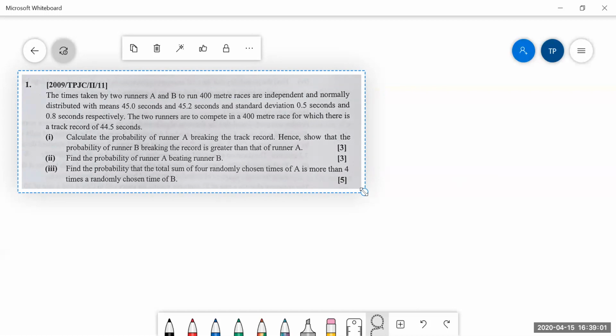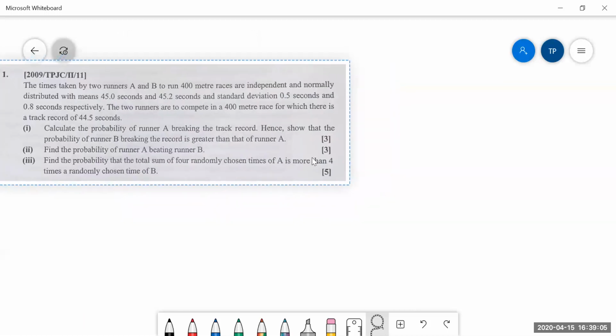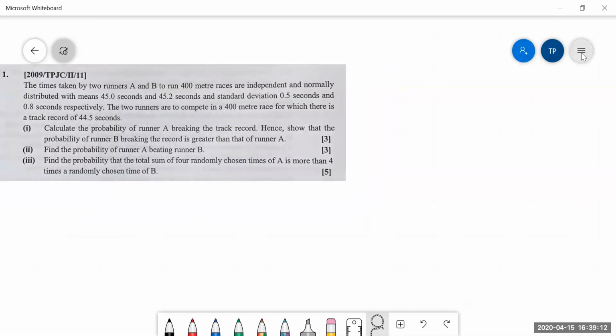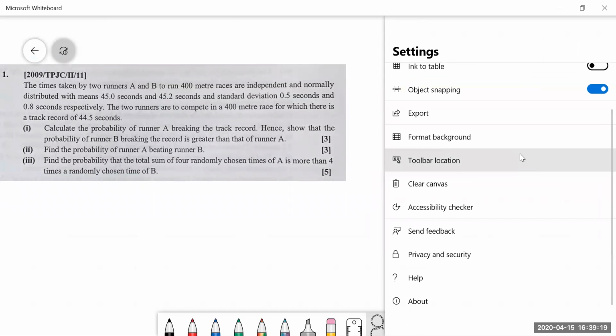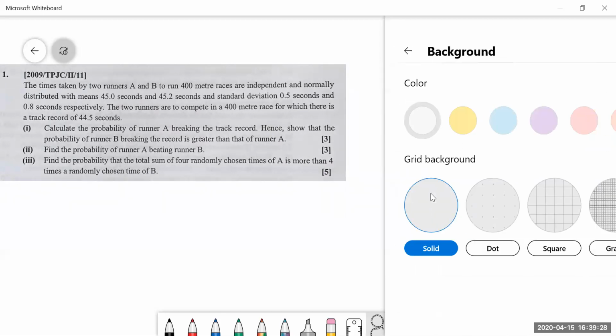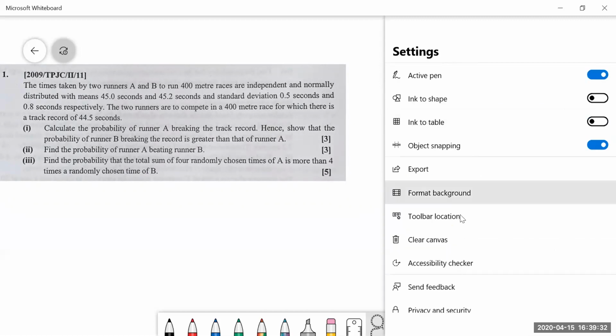Okay, let's take a look here. This thing is very irritating. How do I have the whole whiteboard? Object snapping, format background. Is it format background? I don't think so.